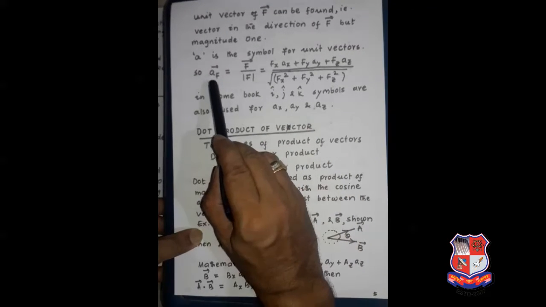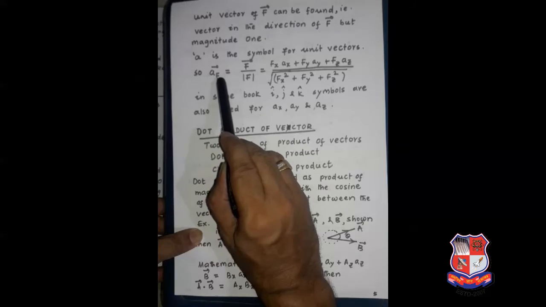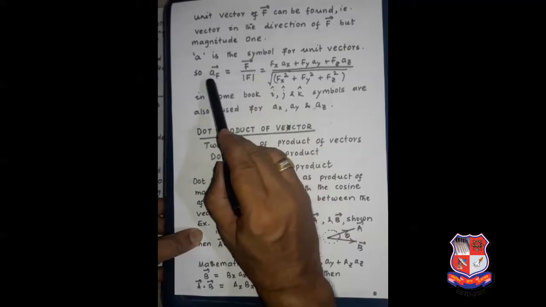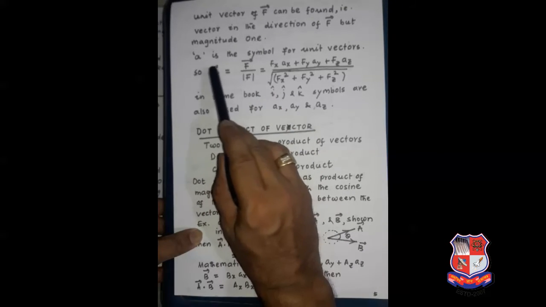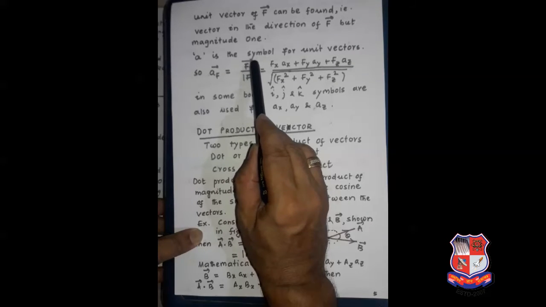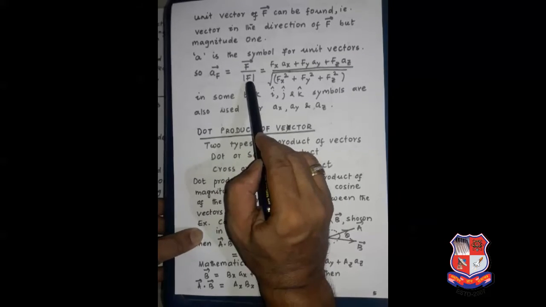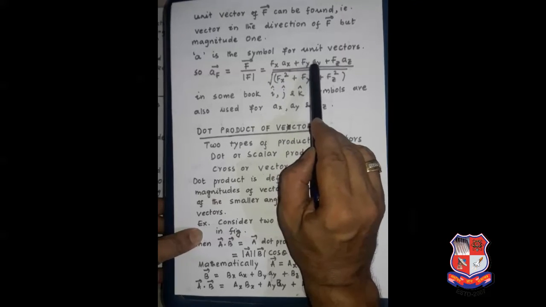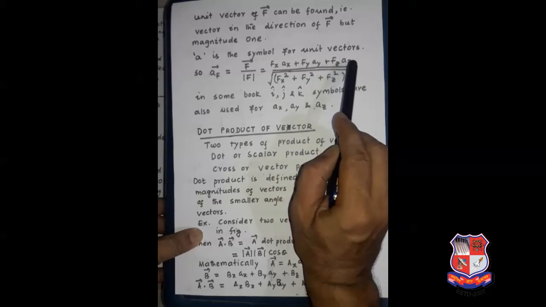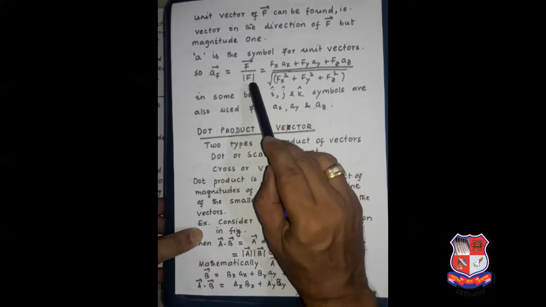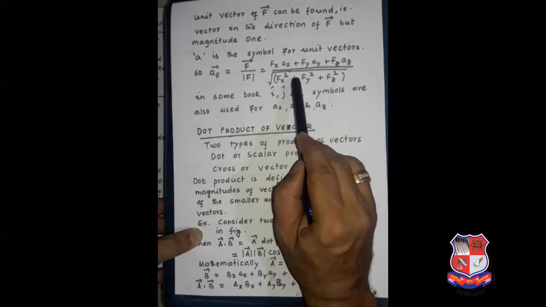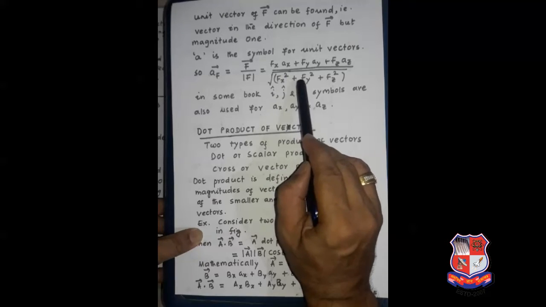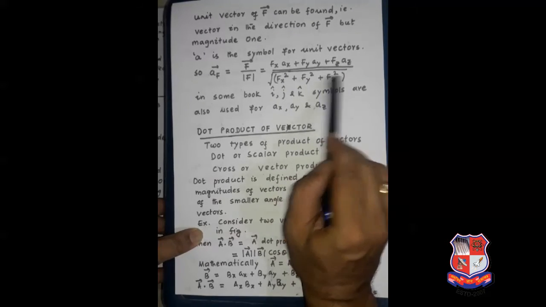A is the symbol normally used for unit vectors. So if you want to write the unit vector of f, it can be written as af, vectorial symbol, that is equal to the f vector divided by its magnitude. So the f vector is fx ax plus fy ay plus fz az divided by the f magnitude, which we already know is the square root of fx square plus fy square plus fz square.